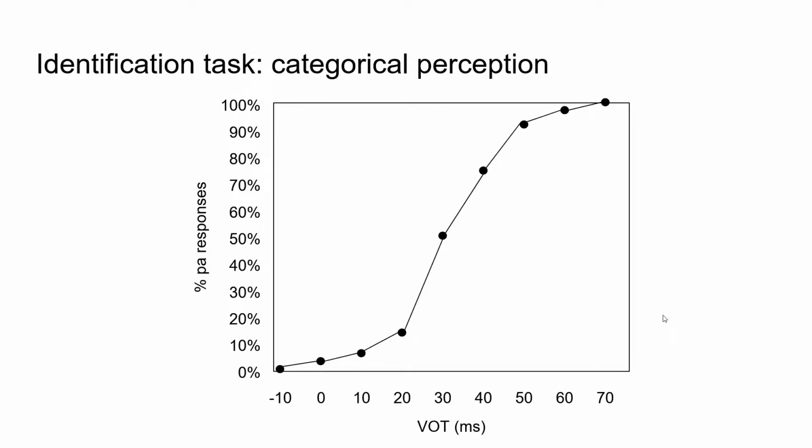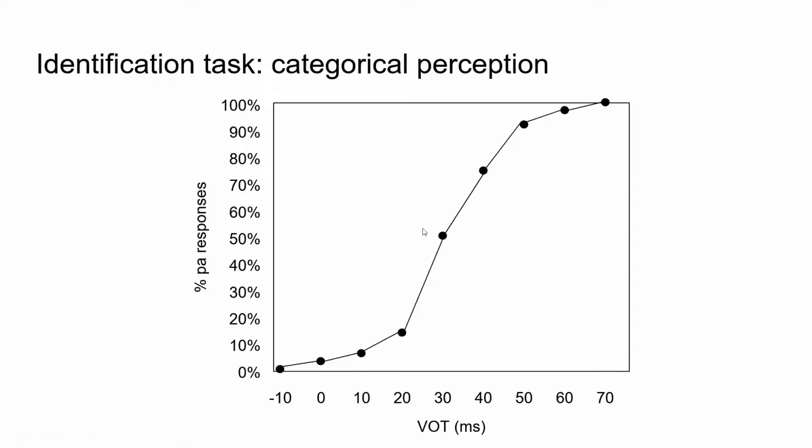What we see is more like this, where as the voice onset time changes, there's very little shift until we hit some transition zone where the perception changes very abruptly. There may be one point on that range where people are really uncertain and they'll answer maybe half and half, but then very quickly you get to almost all of the answers being pa.